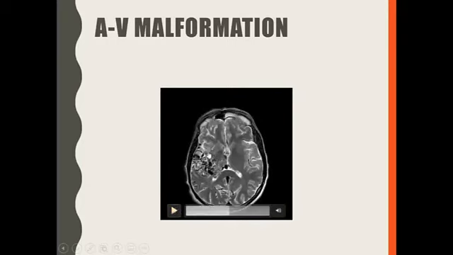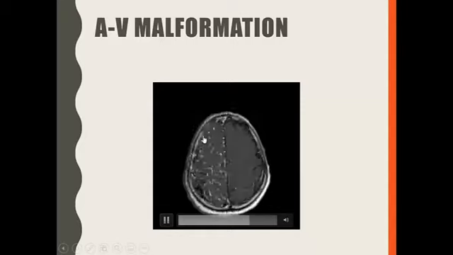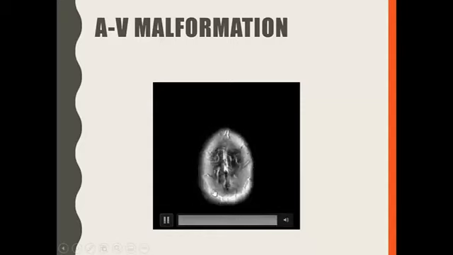On the T1 weighted image, it shows you the same nidus, the same AV malformation. But there are also engorged cortical veins from the high pressure.